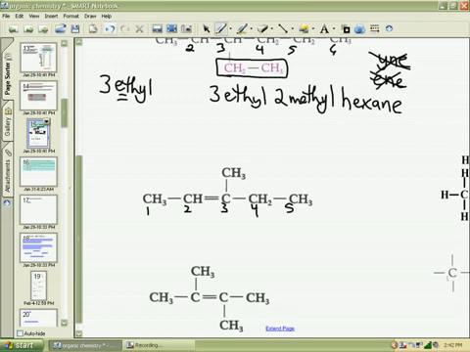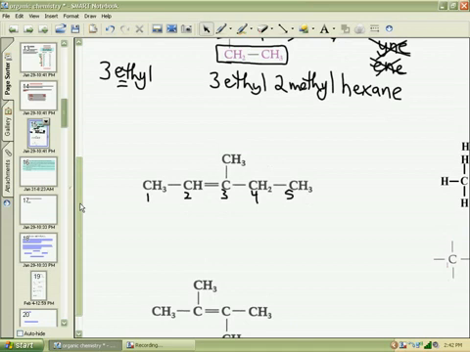So a 5-carbon chain, having 5 of them, is a pentane, but the fact that it has a double bond in there means we will call it a pentene, E-N-E. And recall I said if it was a triple bond, it would be an Y-N-E, a pentyne.